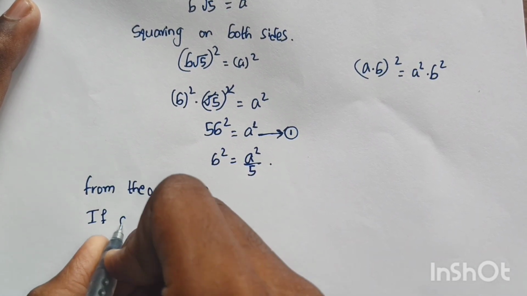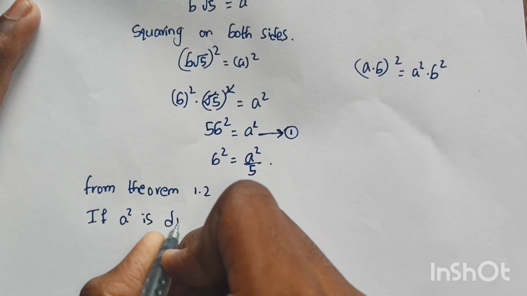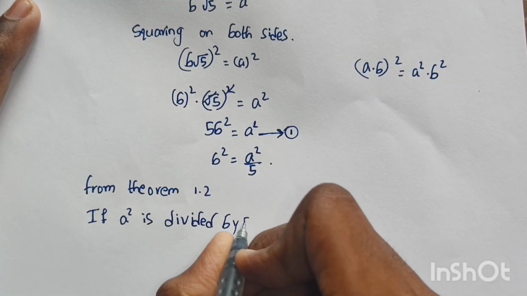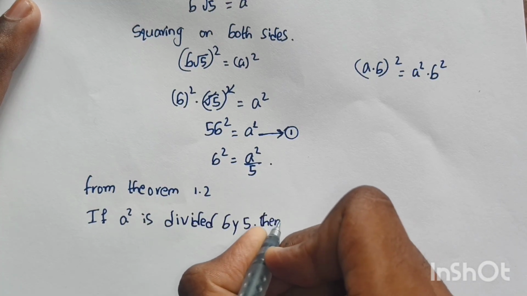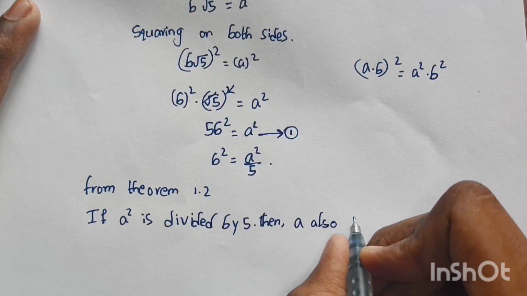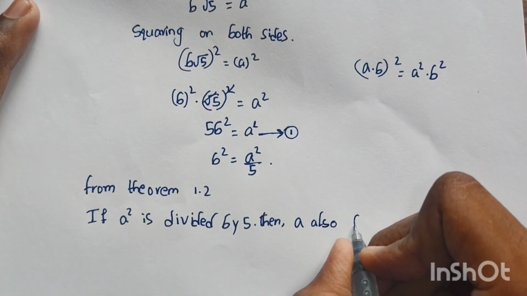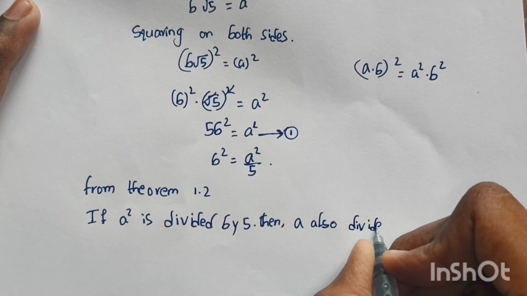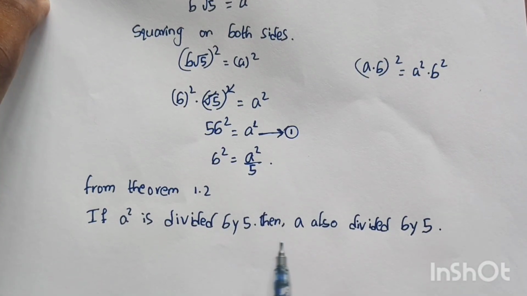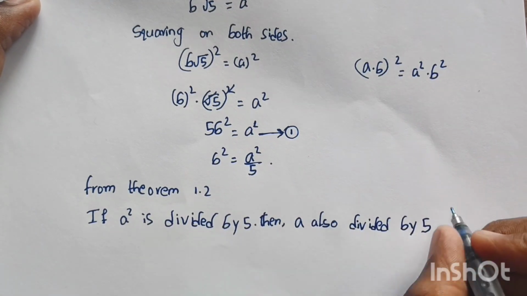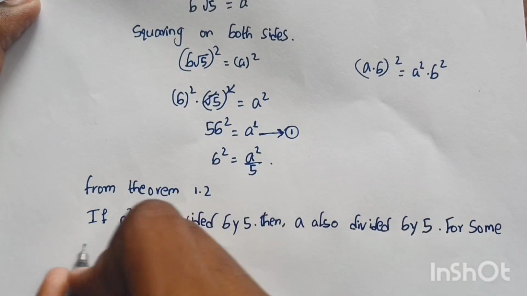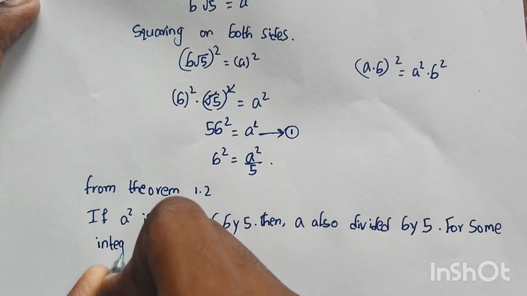If a square is divided by 5, then a also is divided by 5. So this is theorem 1.2, for some integer c.